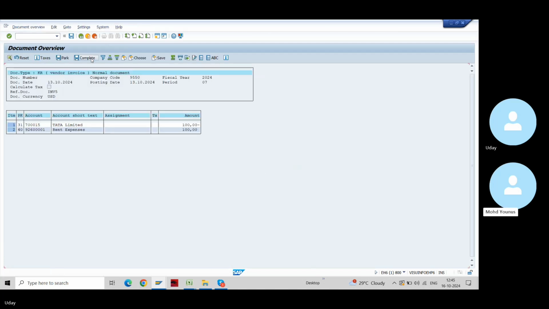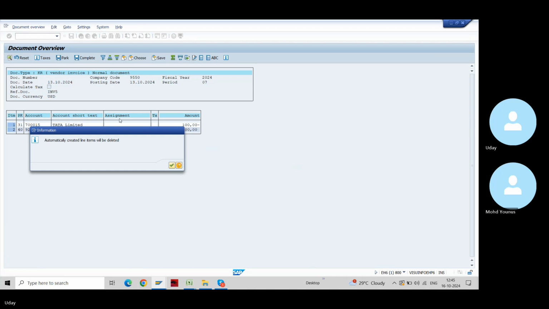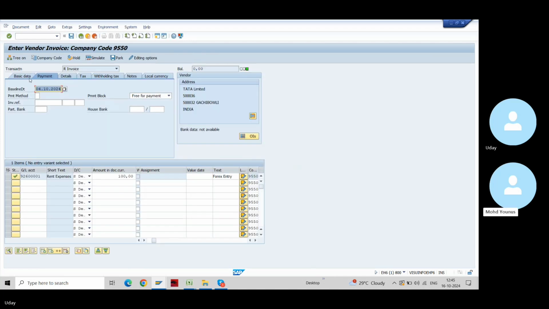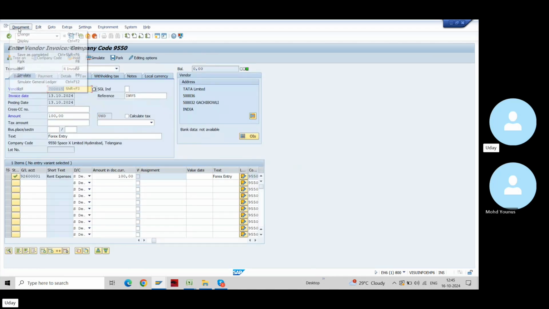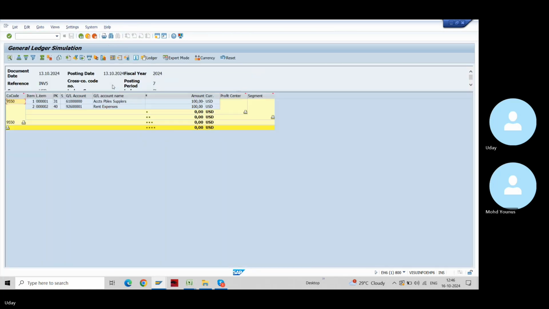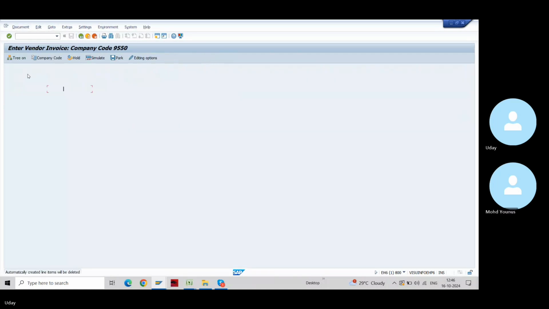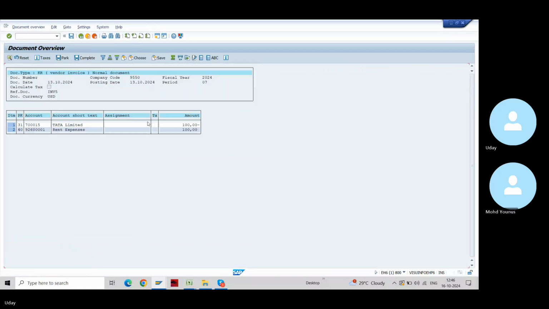You are coming to this FB60, posting this entry. First, you are booking the purchase entry. Let's say I'm booking it in FB60. Simulate general ledger. Here you can see $100.